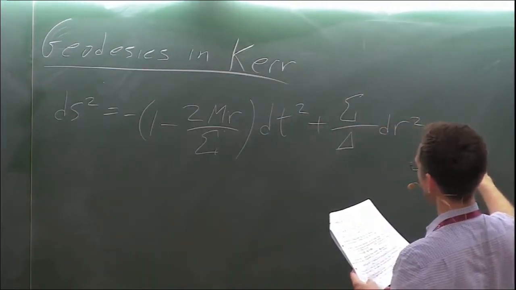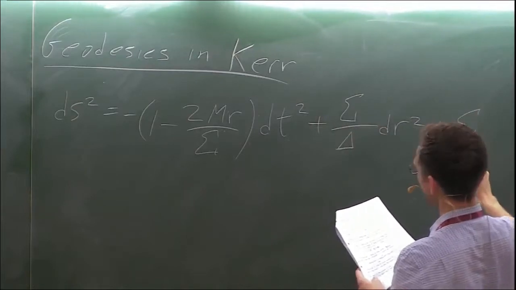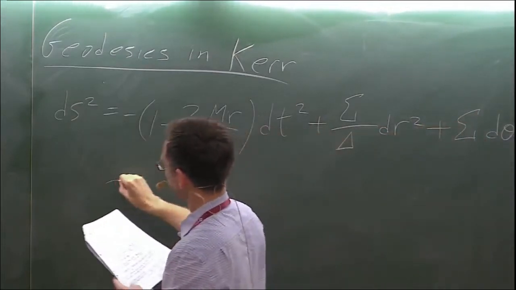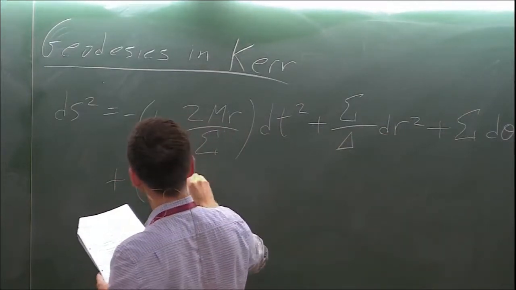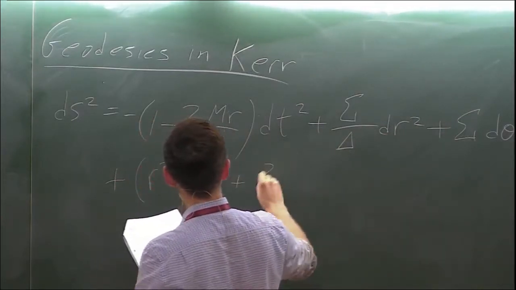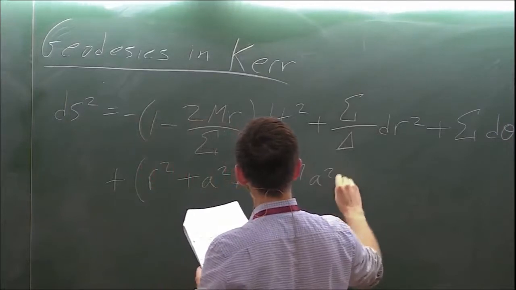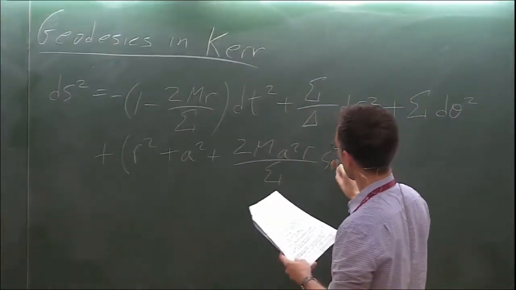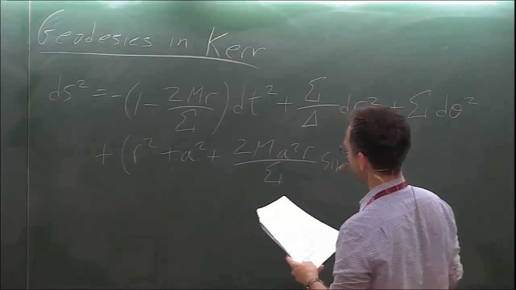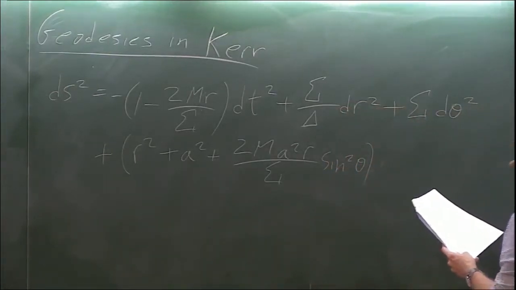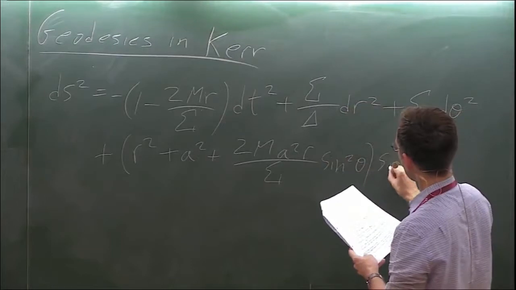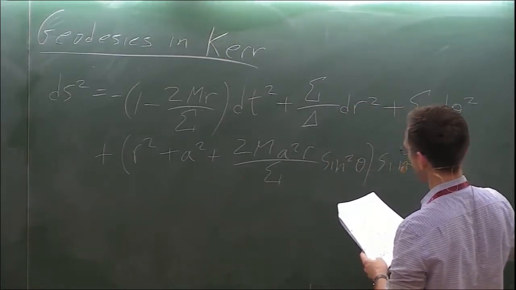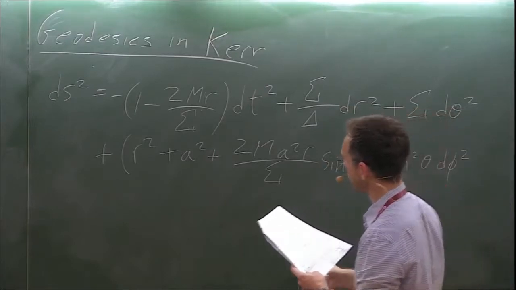So this is in a coordinate system called Boyer-Lindquist coordinates. The coordinates are again t, r, theta, phi. But the metric is obviously much more complicated than the Schwarzschild metric was.